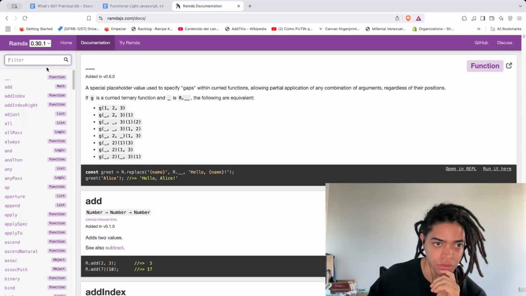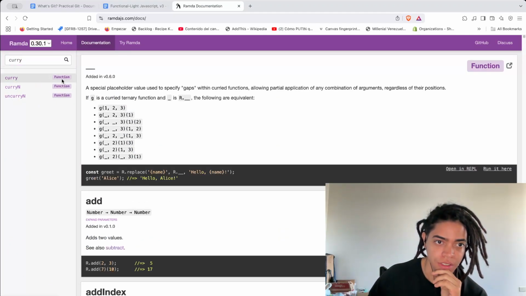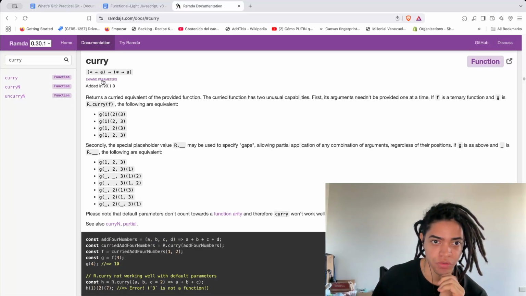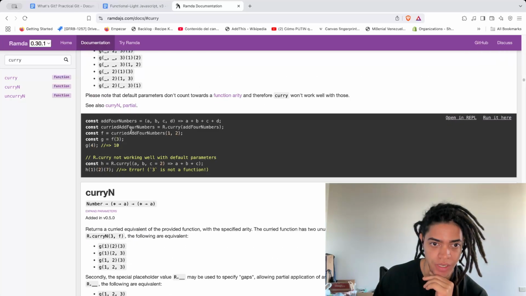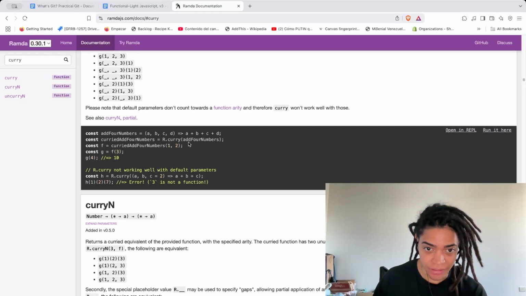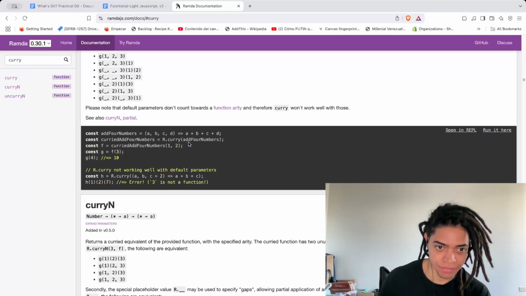Ramda documentation on curry. That's right. And then you say, hey, I'm going to curry this function, add 4 numbers. You're going to pass the function, and you can see you pass in the more general function here.